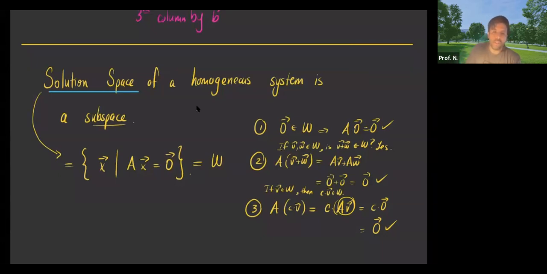We're supposing that V and W are vectors that are contained in, that belong to this set. What does it mean to belong to this set? It means that when you multiply your vector, whatever that is, by A, I always get 0. That's what this set is defined as. It's defined as the solution set of a homogeneous system.